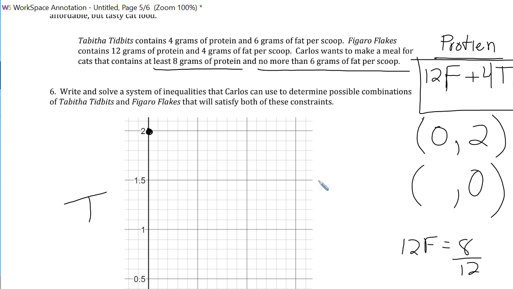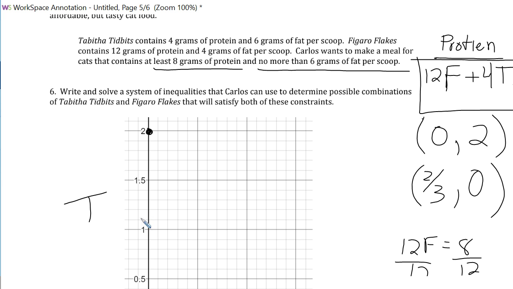Divide each side by 12, and you get f equals 8/12, which is 2/3. That's like 0.6 repeating, so it's right about here.